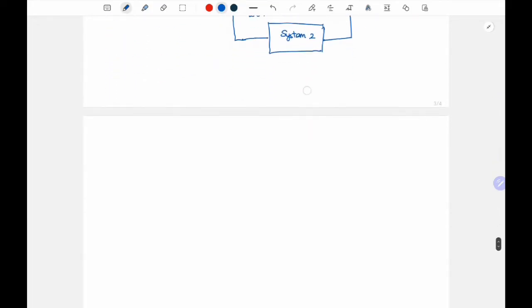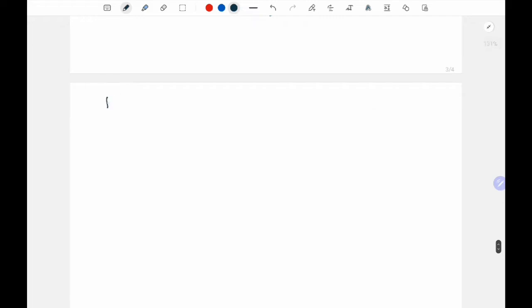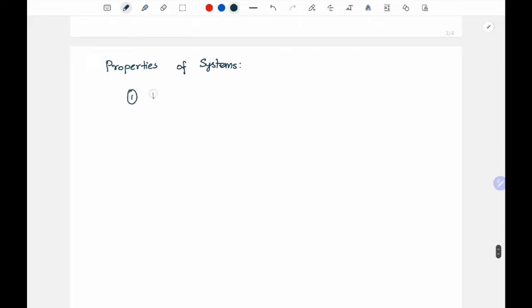Okay. So next we'll see the properties of systems. So the first property we are going to be looking at is called memory.